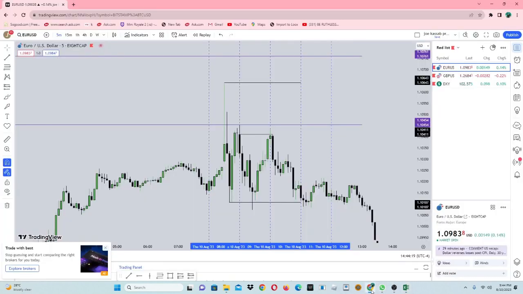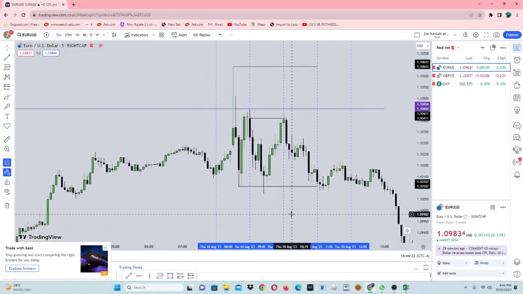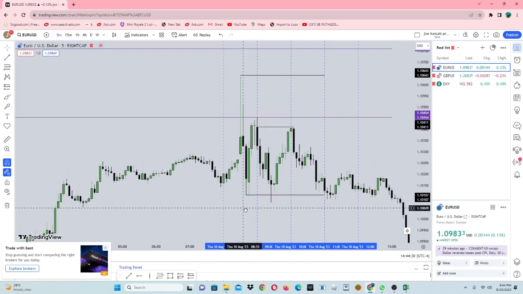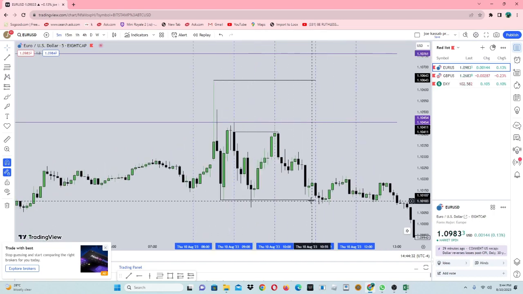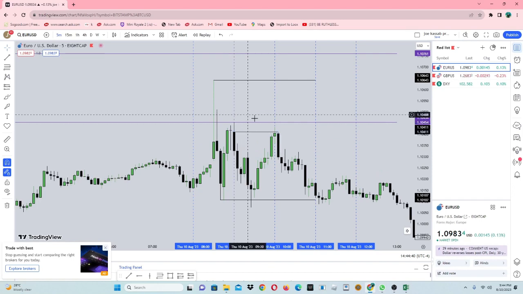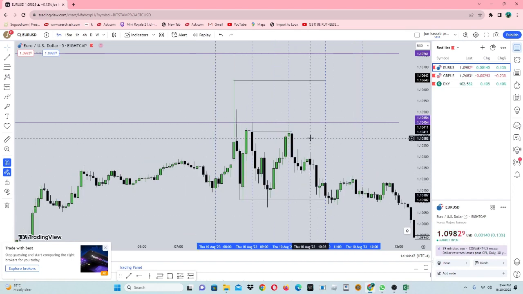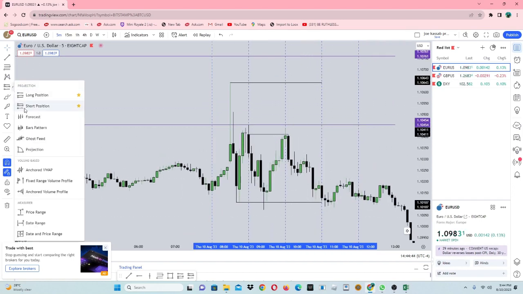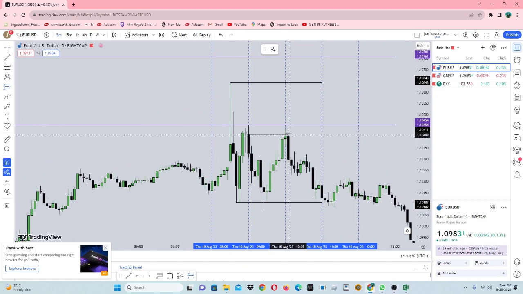What I mean by this: we took liquidity from the previous candle but we closed above this low. So what I'm anticipating price to do is sweep the opening of the previous candle, and after a sweep, immediate rejection to the downside.